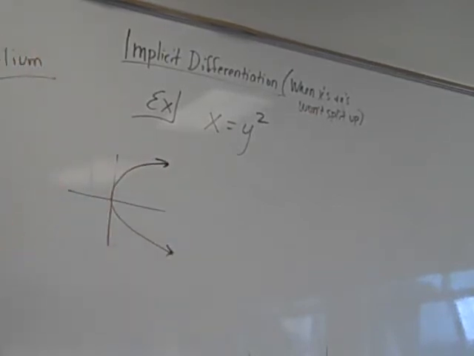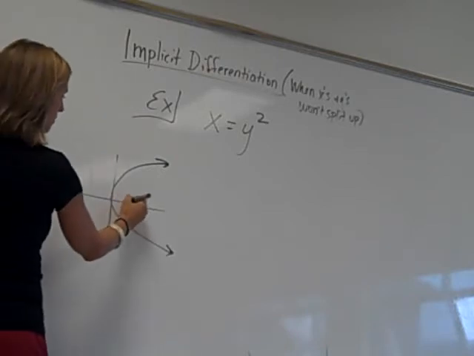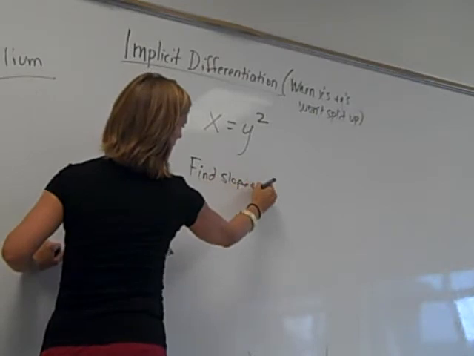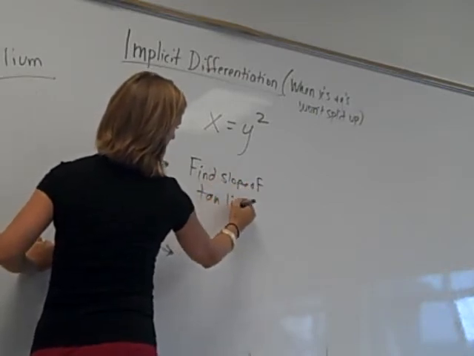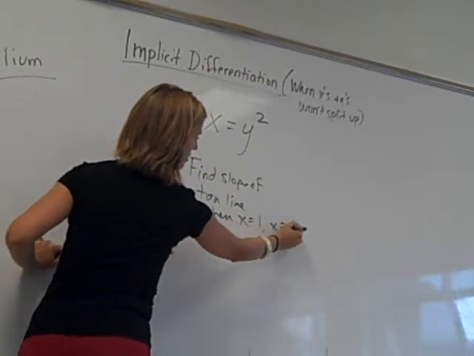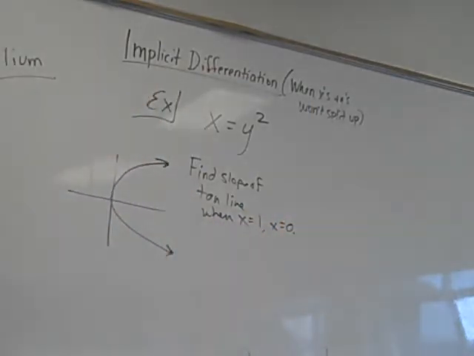So there are points all along this thing, and let's say I wanted to find the slope of the tangent line when x equals 1 and when x equals 0. Okay, so let's look at these two places.